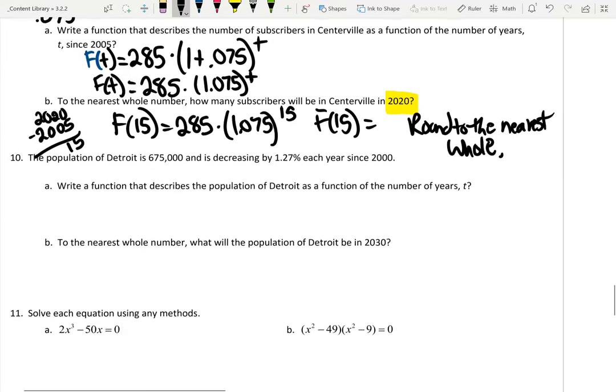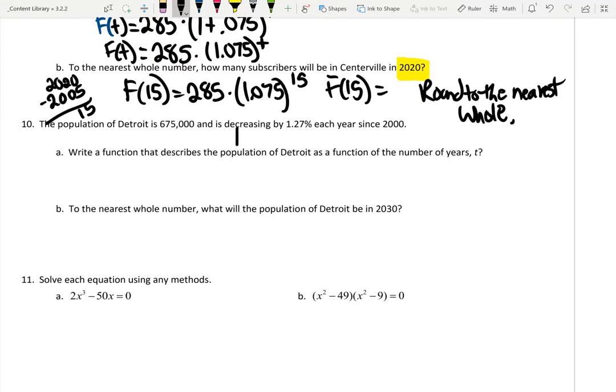The final part is Detroit, and it's decreasing, so we're going to have to do 1 minus r. So my function in terms of t is going to be my initial amount times 1 minus the decimal version of the percent, so it's 0.0127, and then it's going to be raised to the t power.